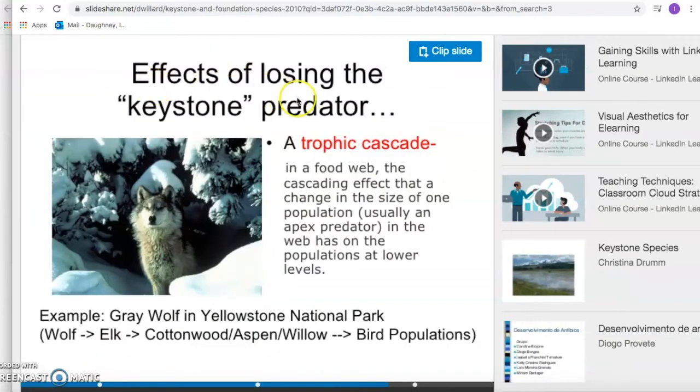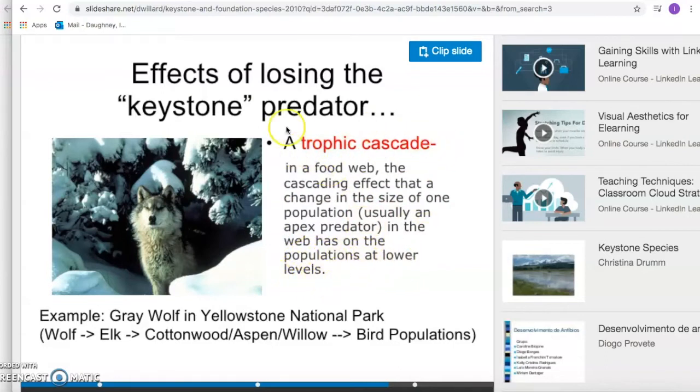So here's the effects of losing a keystone predator, all right? A trophic cascade, which I'm going to ask you guys about. In a food web, it's the cascading effect that a change in the size of one population in the web has on the populations at lower levels.